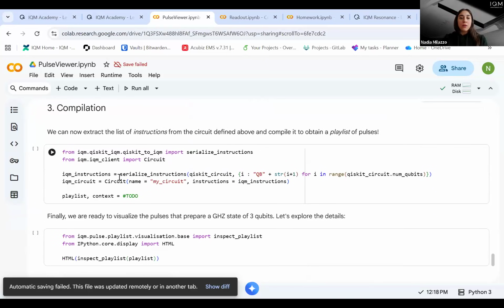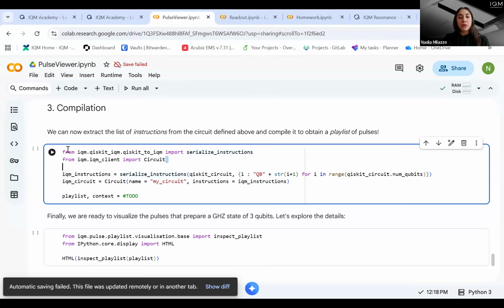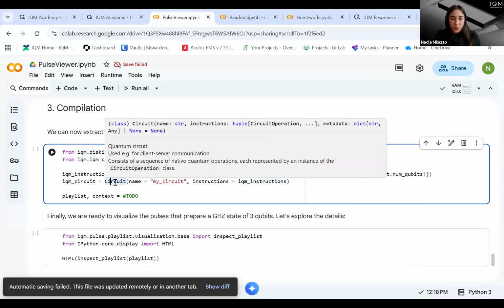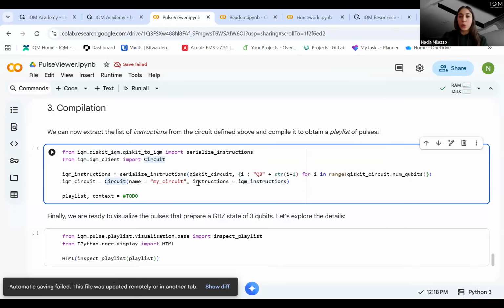Perfect. And here you see those are already filled in for you, because that is a bit more technical part, to serialize these instructions in the circuit and rename your circuit, like constructing a new circuit object with these new instructions here. But what we can do here is to call the compiler.